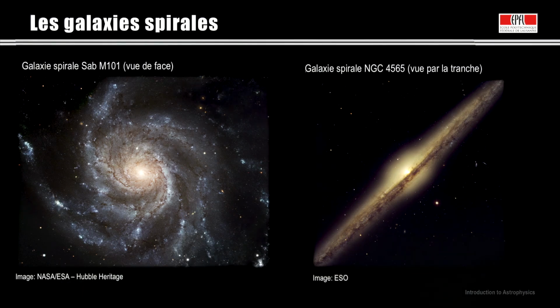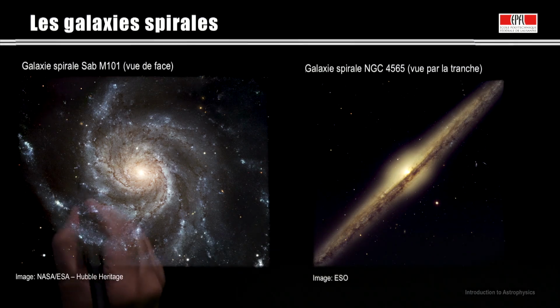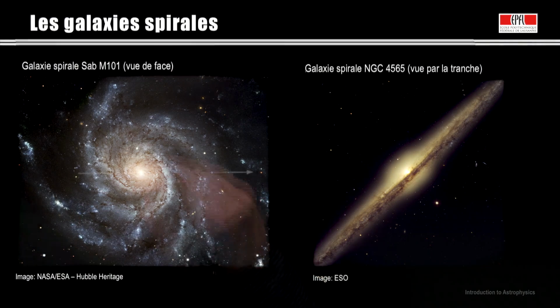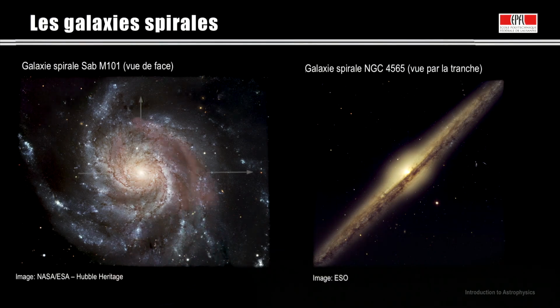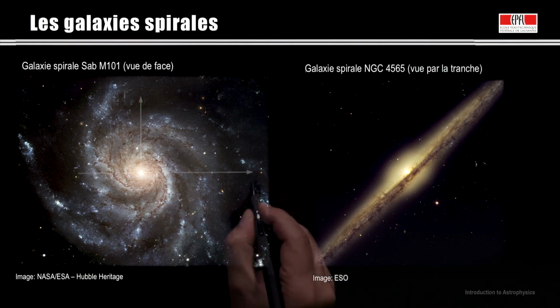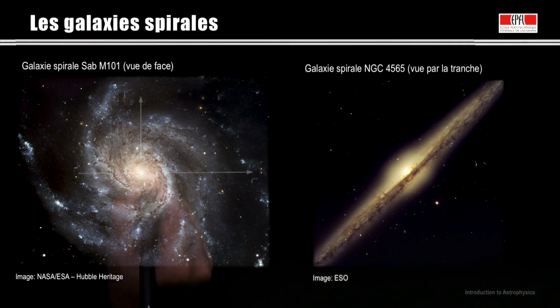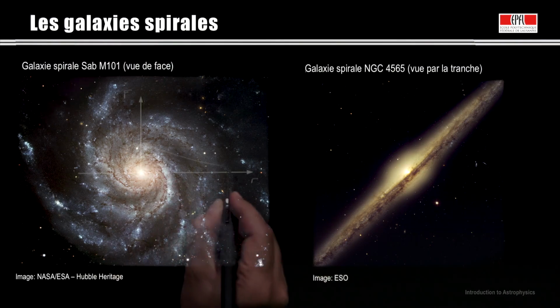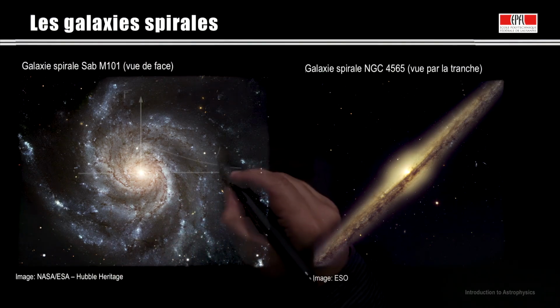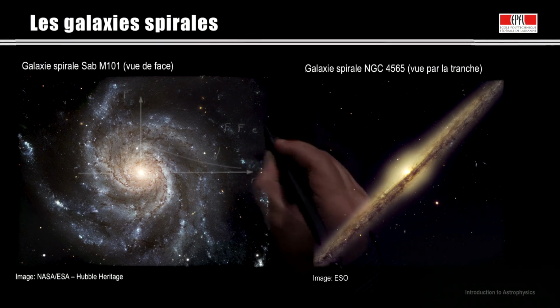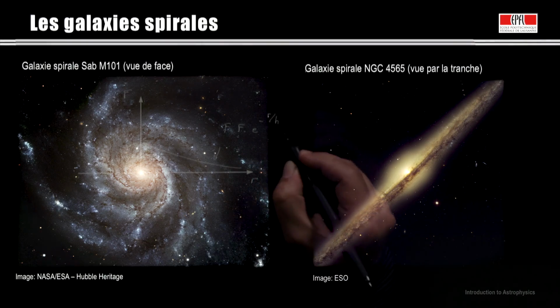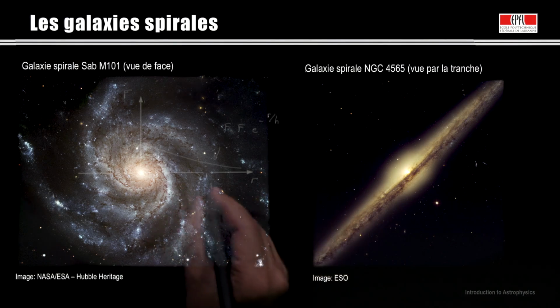Let's take the cross-section as before and look at the luminosity profile. Starting from the center, there would be two components. The disk component curve, so the flux as a function of radius, is an exponential curve: F equals F_0 e^(-R/H), where H is the characteristic height of the disk.